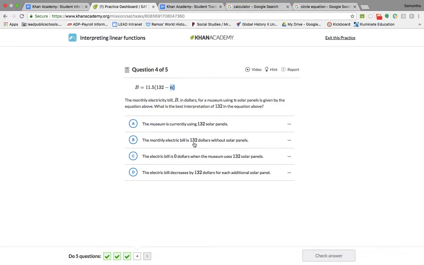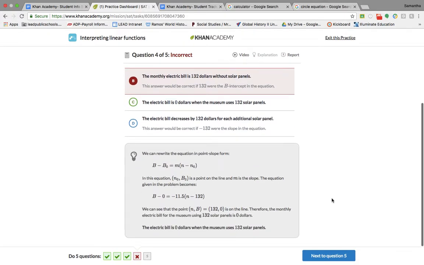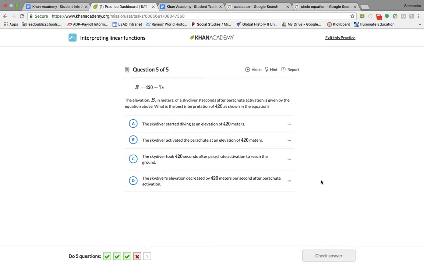Maybe it's this when we don't know the amount of solar panels. No. It's either going to be B or D. Let's see. Oh. Okay. I'm struggling with those.